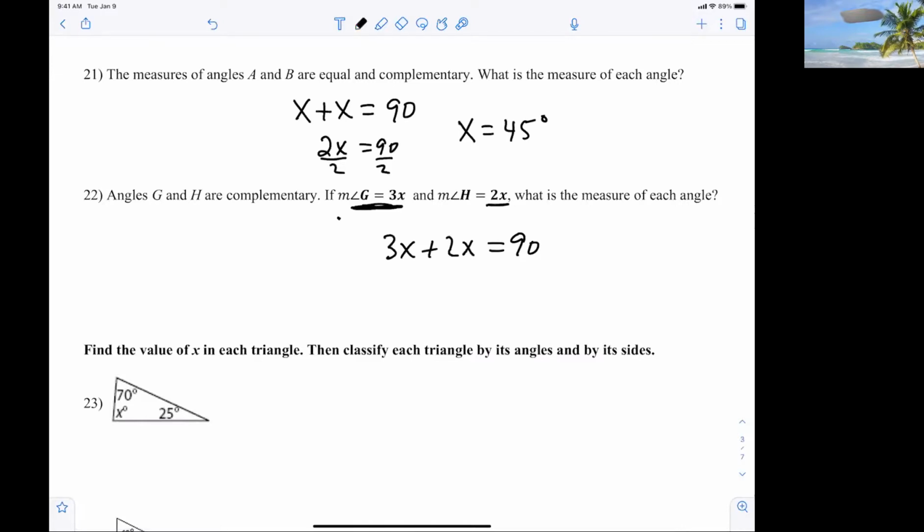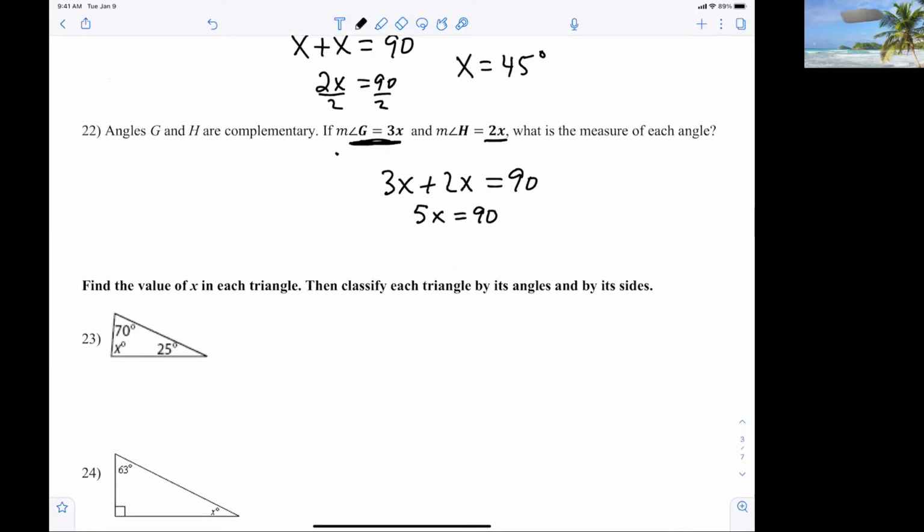Come on now. You can say no. You want me to explain it better? That is true. Now we got to keep going. 5x equals 90. You just said 3x plus 2x was 5x. I'm just writing what you told me. Now, how do I solve this? How do I undo 5x to make it x? What do I do?